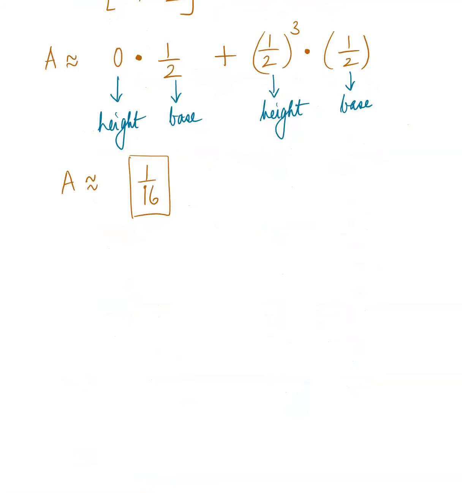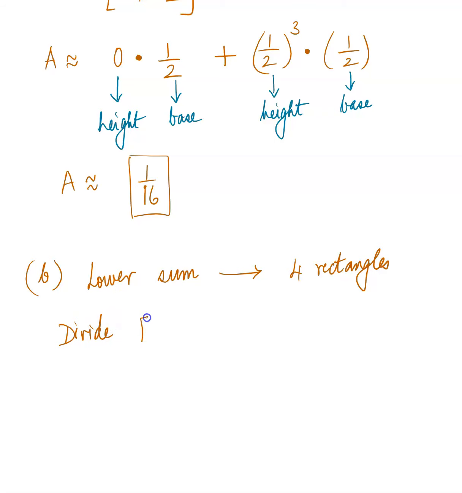Now let's do the upper sum. Is it the upper sum? No, still the lower sum. Yeah, lower sum, 4 rectangles. So if it is again even or equal width, say divide 0 to 1 into 4 equal parts.